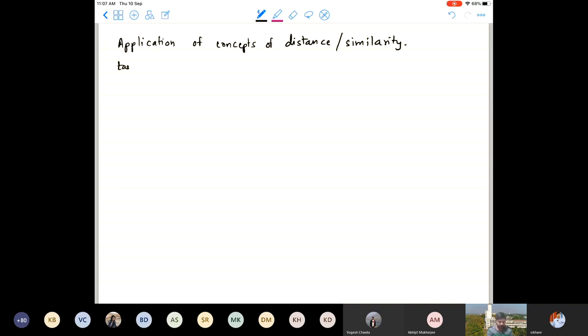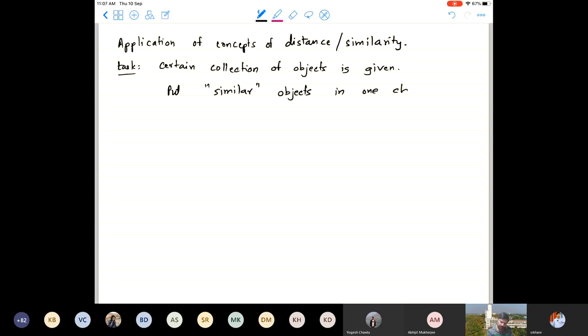The task is that a certain collection of objects is being given, and what we want to do is put similar objects in one class. So that's what we want to do.